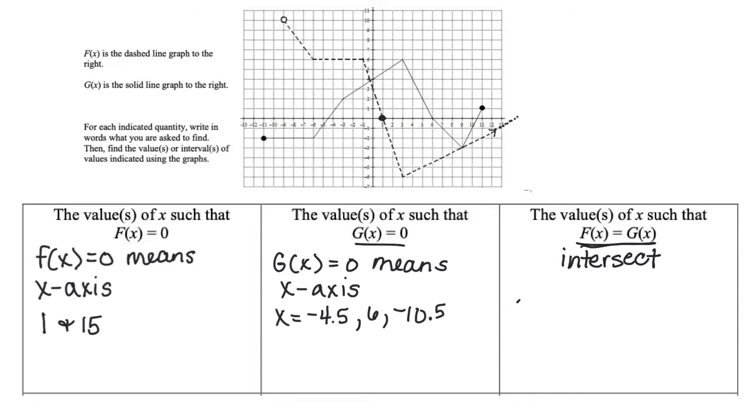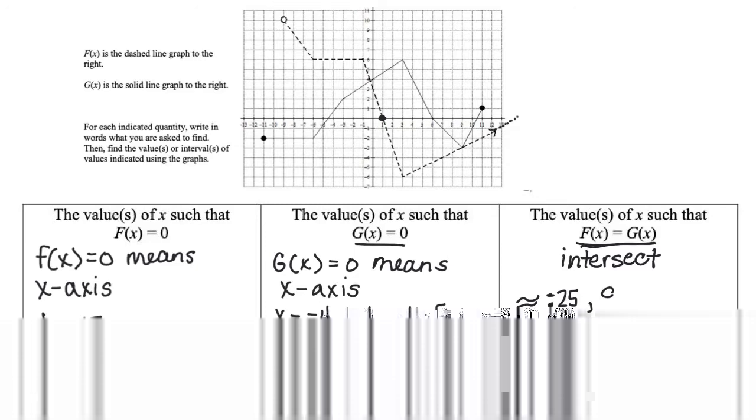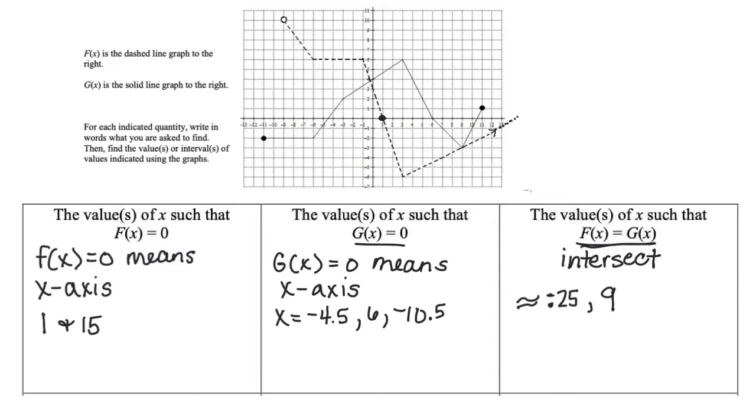So that's going to be about, this first one, let's say about a fourth, or 0.25. Oh, it's negative. And then over on this other side, it looks like they're going to intersect at about 9. All right, let's look at some others.